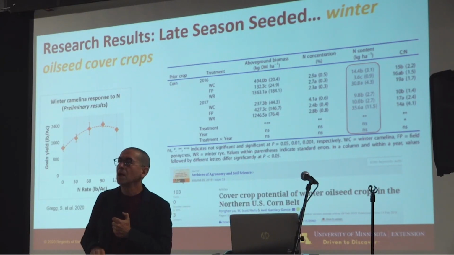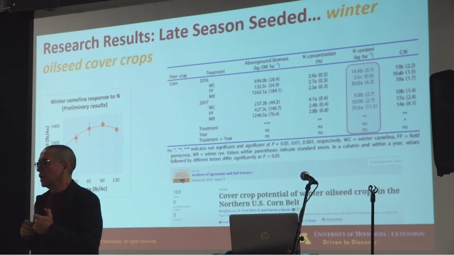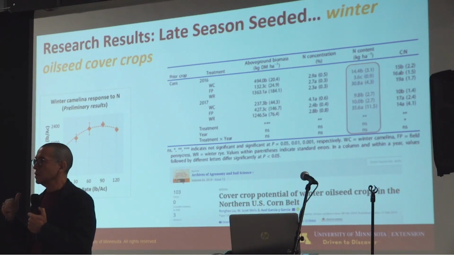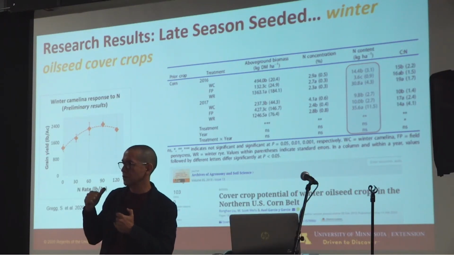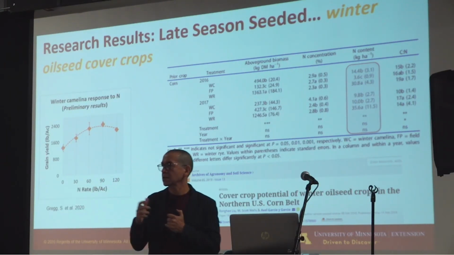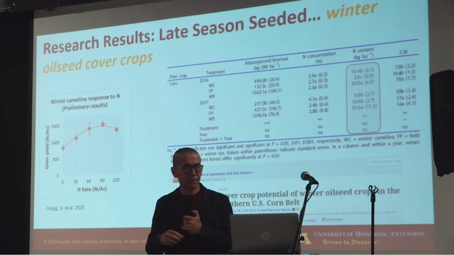Is that the question? Okay, there are several reasons. One of the most important reasons in this case was that our cover crops were competing too much with the cash crop, due to water, basically. I am not showing those results here because I wouldn't have time, but it was a water issue in this case.